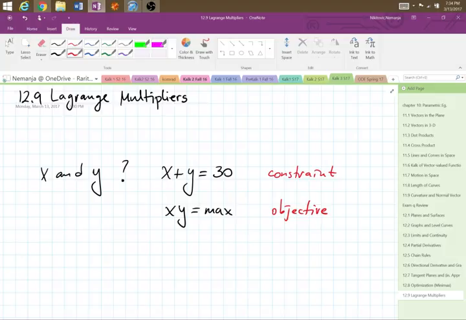So in Calculus 1, we did not make a big deal about these names because, you know, not really needed. Now in Calc 3, we are going to make a deal of these, right?